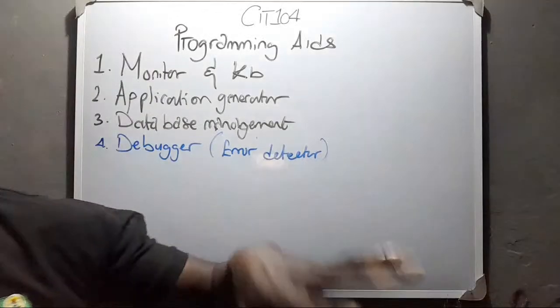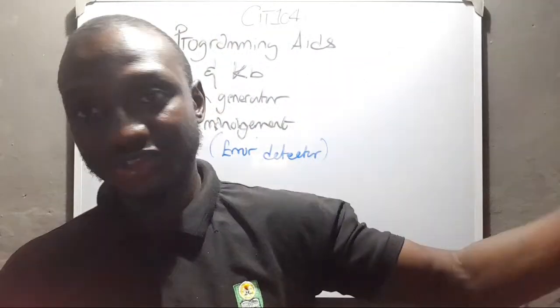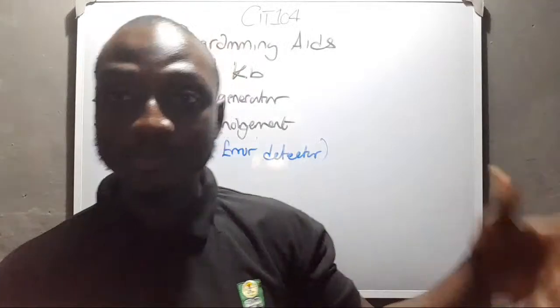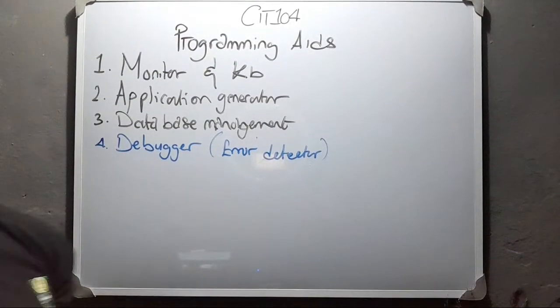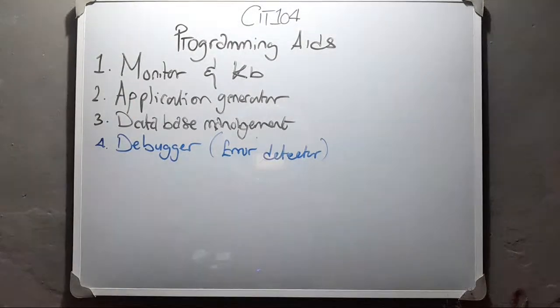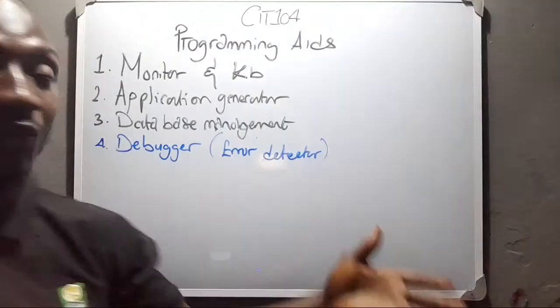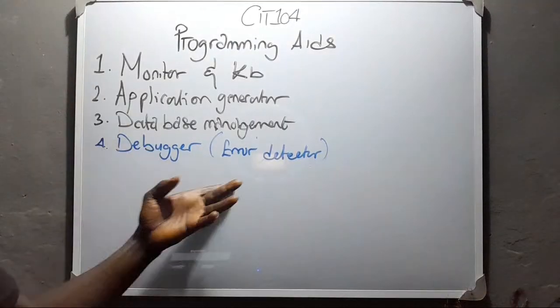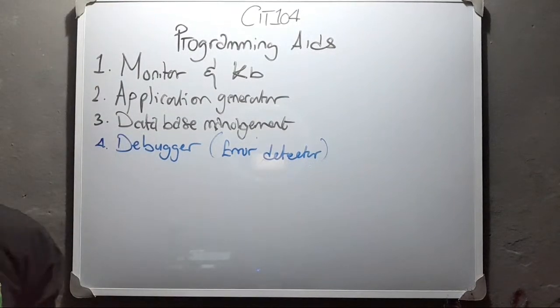In tech, bugs must always be there. No matter how perfect you are, you have to debug when bugs appear. We don't call them errors. In accounting, you reconcile an account. Here, you don't reconcile, you debug. So the debugger is also one thing that aids programming. And we have just four of them under the tools that aid programming.